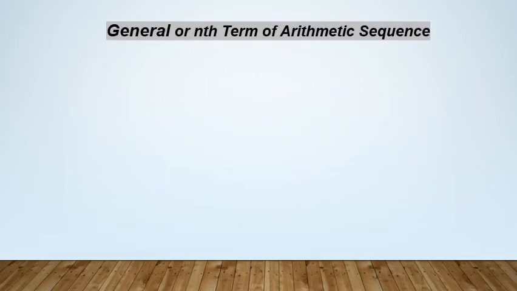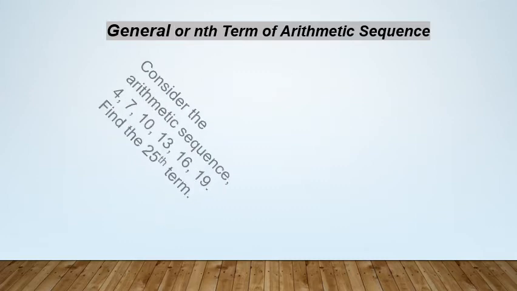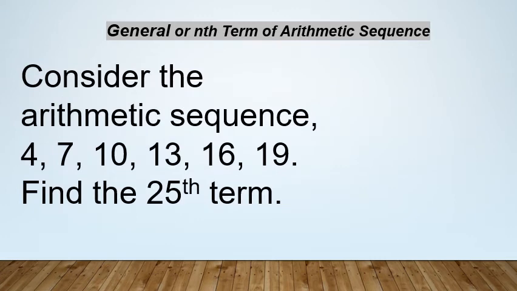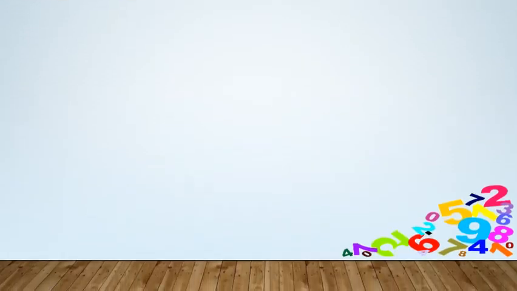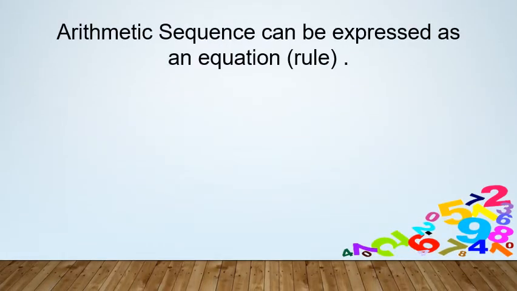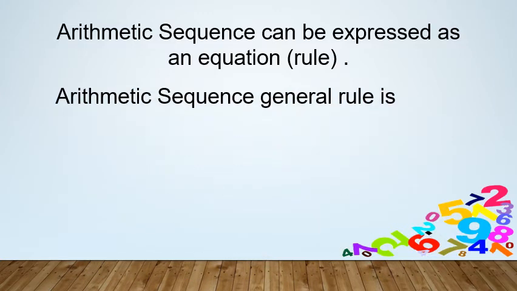This time, general or nth term of arithmetic sequence. Consider the arithmetic sequence 4, 7, 10, 13, 16, 19. Find the 25th term. Ano ang gagawin natin? Arithmetic sequence can be expressed as an equation rule.